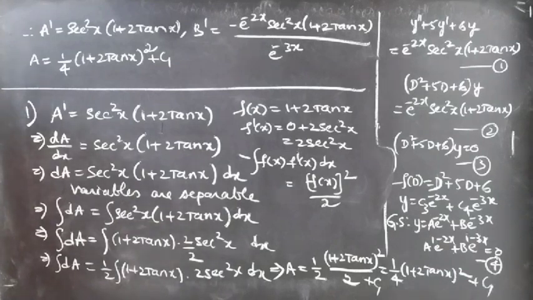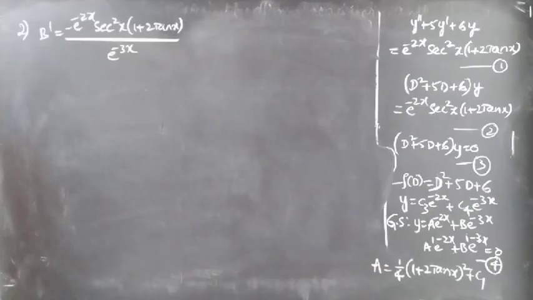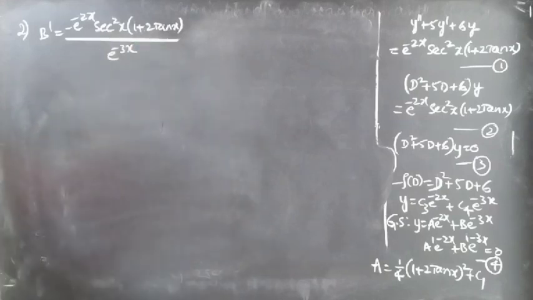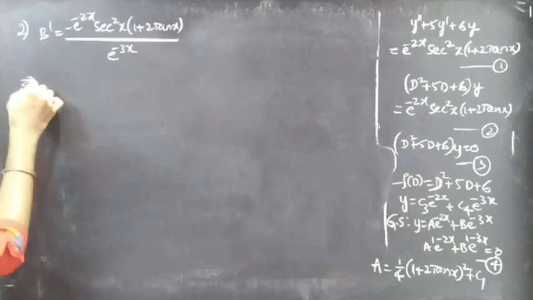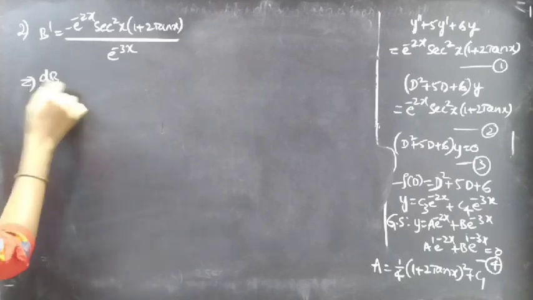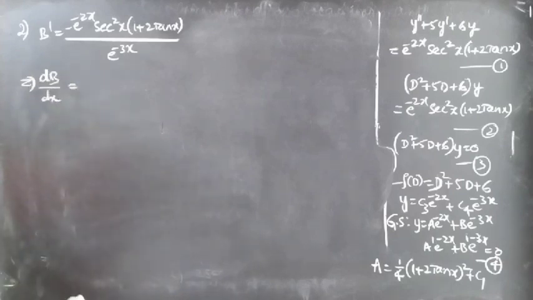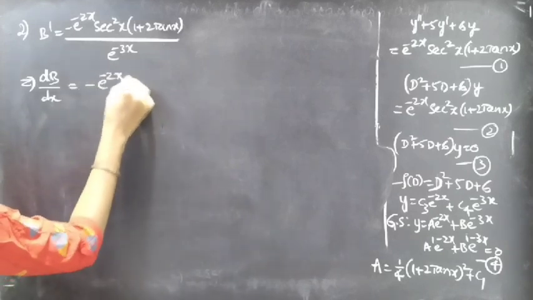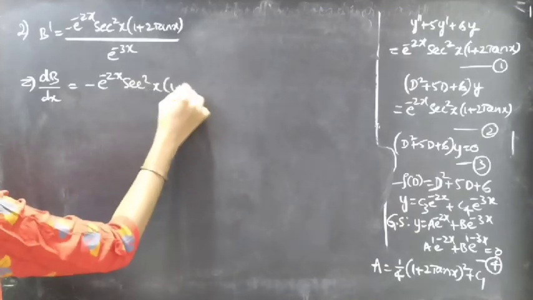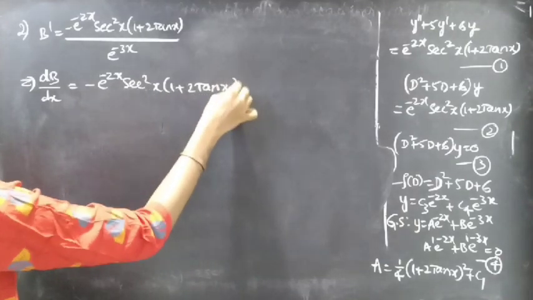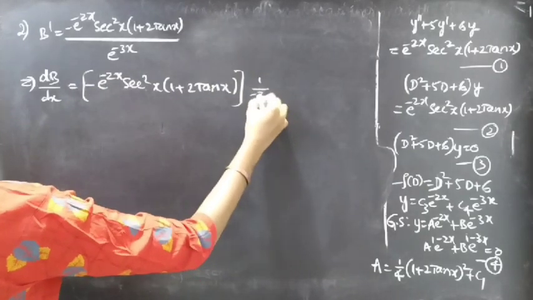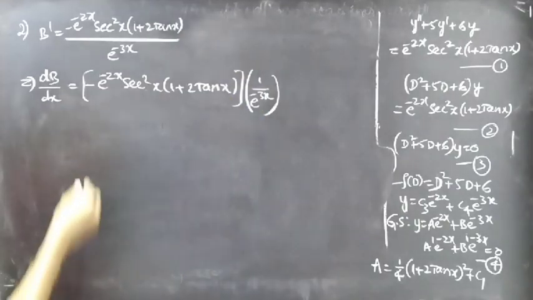Let's find b using b dash. We have b dash equals minus e power minus 2x secant square x of 1 plus 2 tan x by e power minus 3x. Here b dash is nothing but db by dx, or the derivative of b with respect to x, equals minus e power minus 2x secant square x of 1 plus 2 tan x into, I'm going to split the fraction, numerator into 1 by e power minus 3x.